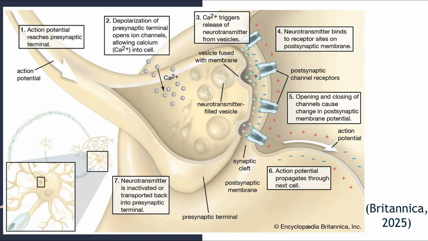The vesicle fuses with the membrane, empties its contents, and releases the neurotransmitters to the next neuron's dendrites, and then it cycles back as new vesicles that can be refilled later.